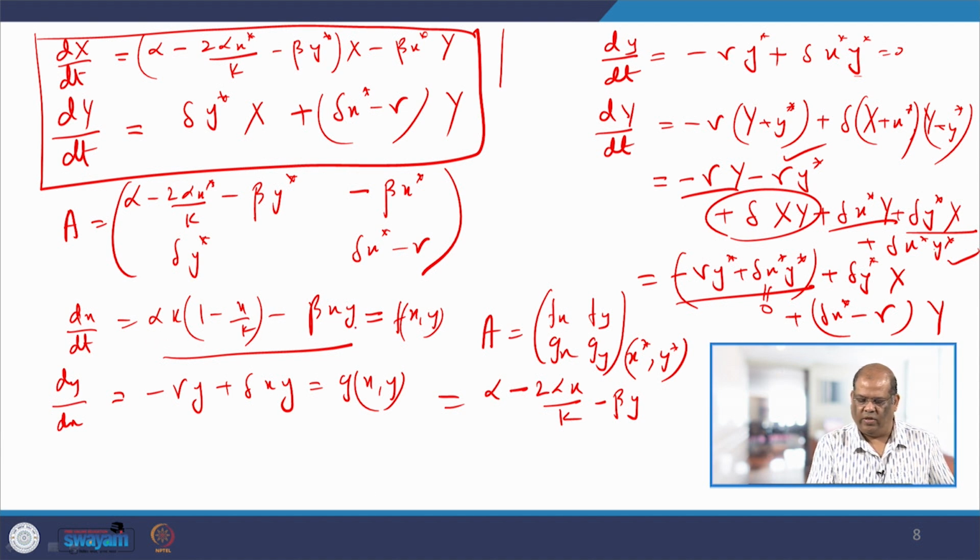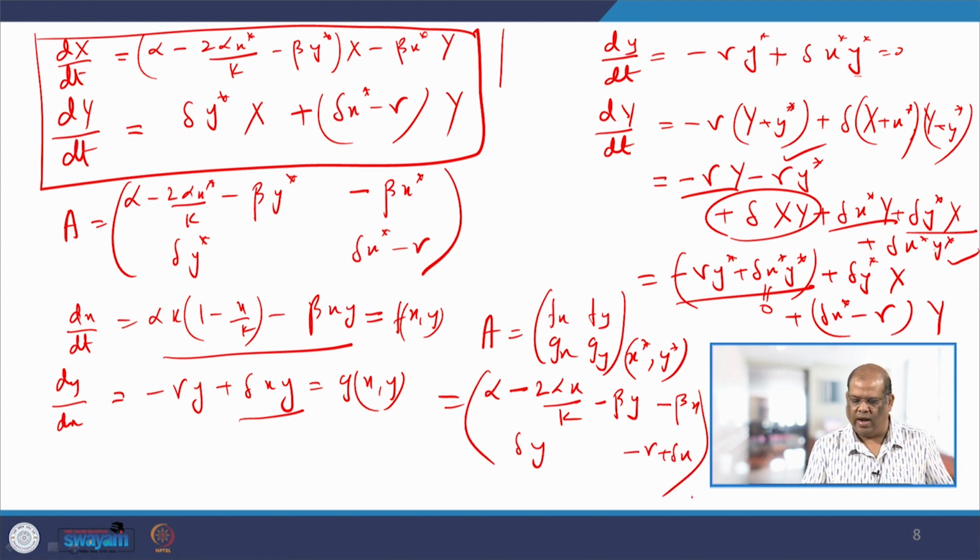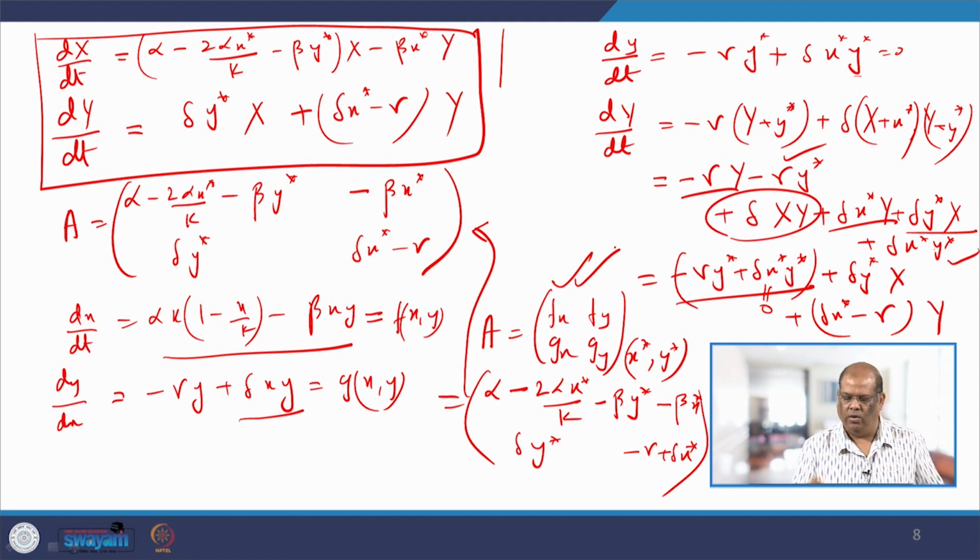If I differentiate it with respect to y, it is just minus beta x. Differentiate this with respect to x, you get delta y, and with respect to y, it is minus gamma plus delta x. And this needs to be calculated at x star y star. So, I just put x star and y star here, and you can see that both these matrices are the same. So, whether you use this method or the previous method, you get the same answer, but this is time saving. So, we use this.